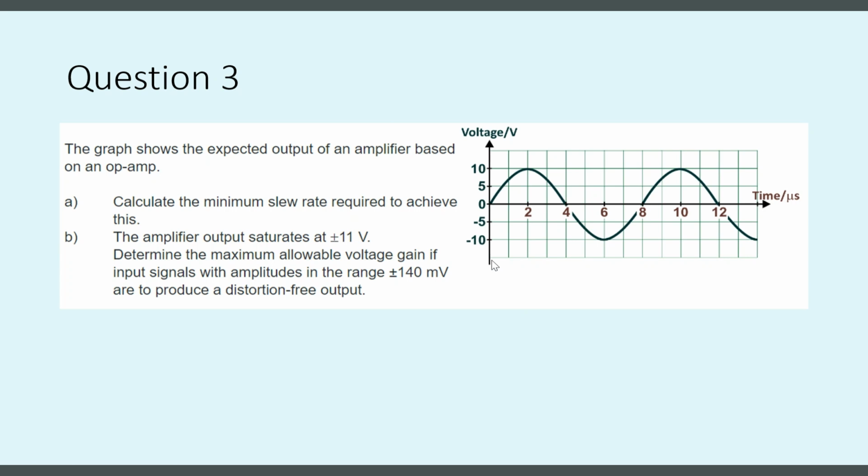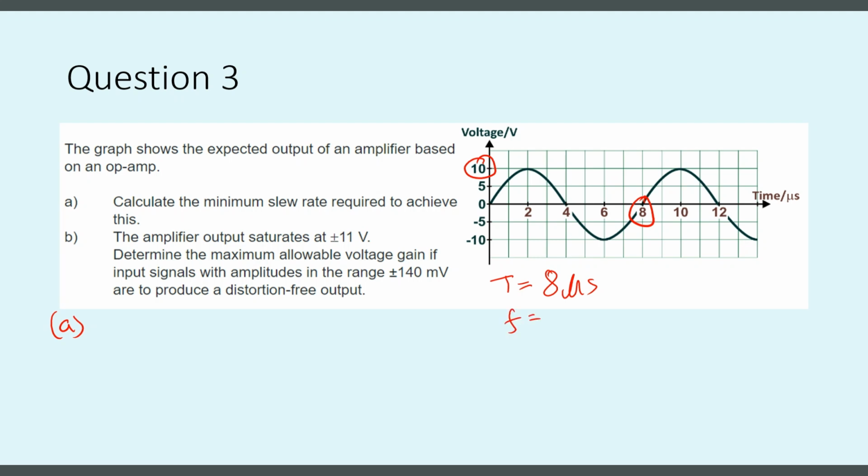Question 3. So in this question, what have we got? We've got the peak voltage is 10. We can work out the time period. It's going to be 8 microseconds. That's the time for a complete wave. So we can put that all together. So the time period is 8 microseconds.